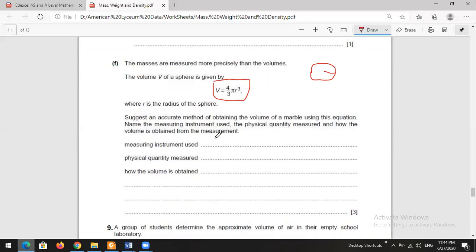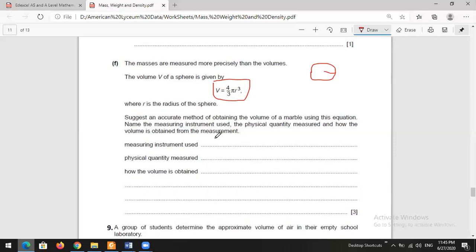Name the measuring instrument used, the physical quantity measured, and how the volume is obtained from the measurement. So the measuring instrument used, actually we have to measure the radius or diameter. We will use a screw gauge, or I think a vernier caliper is better, to measure the diameter of the marble.